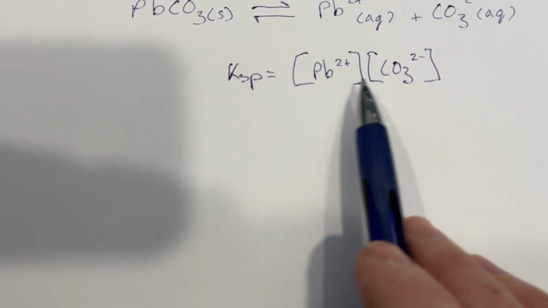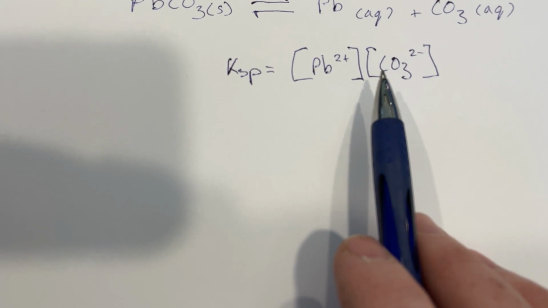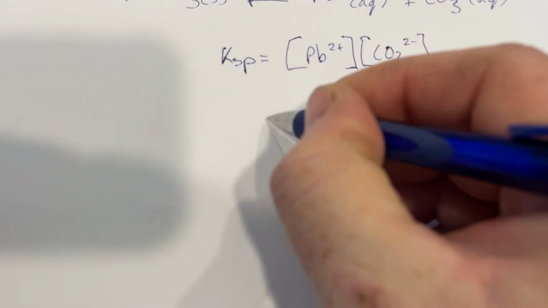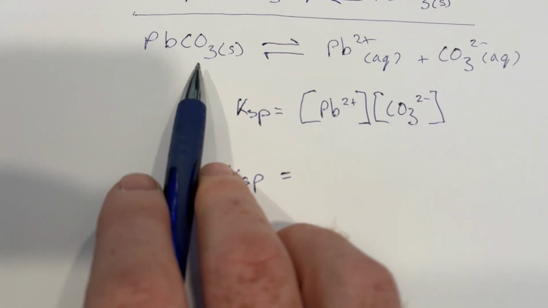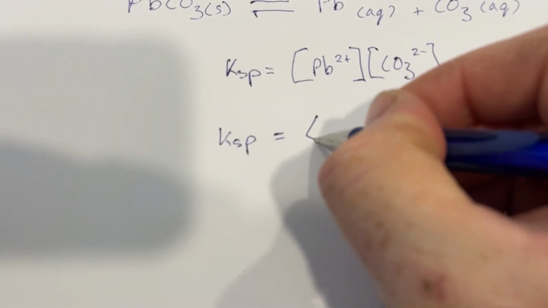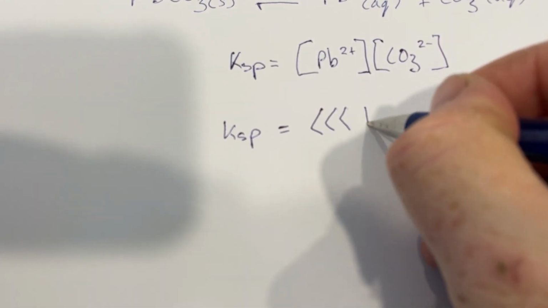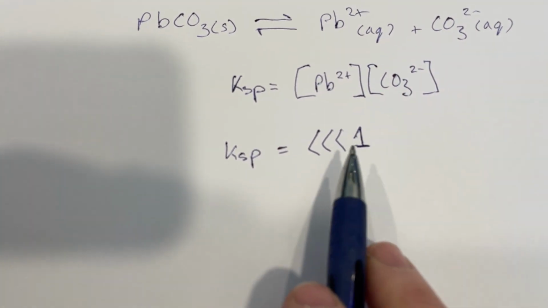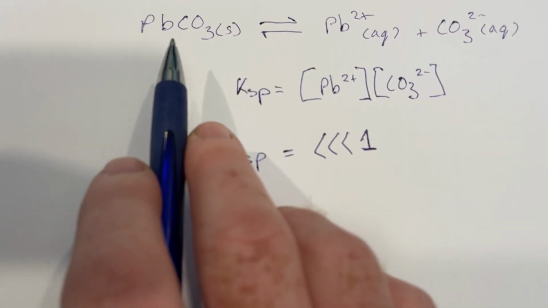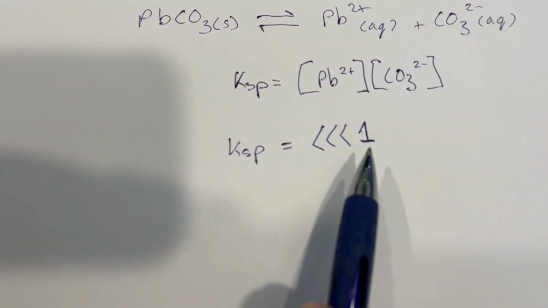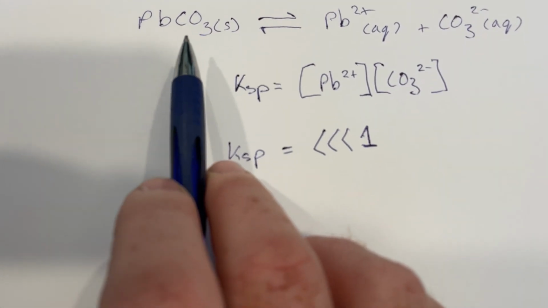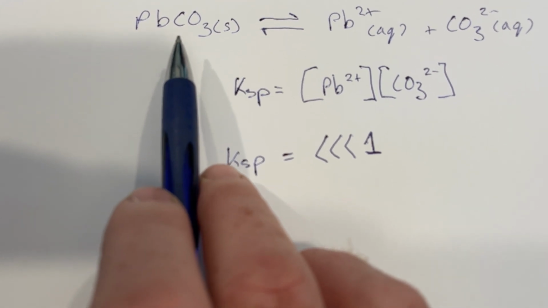And of course, if you multiply two very non-zero low numbers together, you get a really low number. So your Ksp for insoluble compounds will be very, very low, well less than 1, indicating that equilibrium sits well to the left, meaning that the Ksp confirms that I have a very insoluble compound.